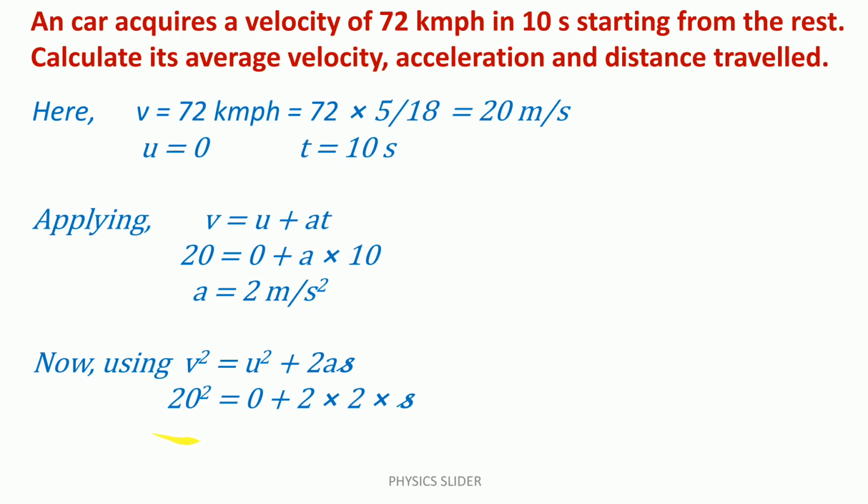Now by putting the values, we can calculate s. The value of s we calculate is 100 meter. So the value of distance traveled is 100 meter. The acceleration is 2 meter per second square, and the average velocity we have already calculated, and these are the answers.